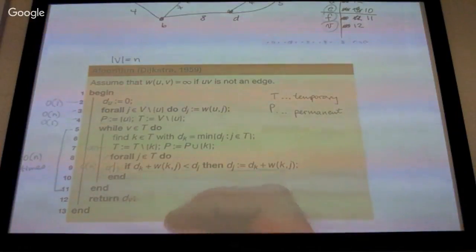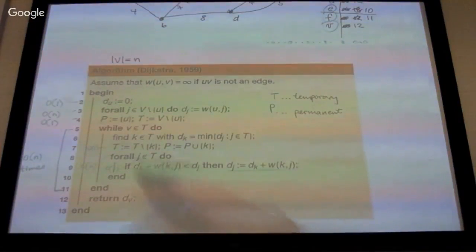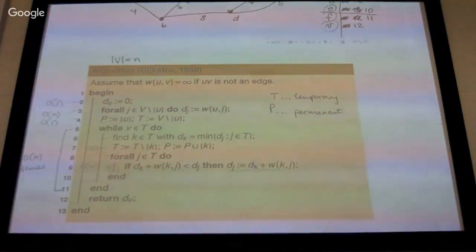Multiply them like that. What's the runtime of this?